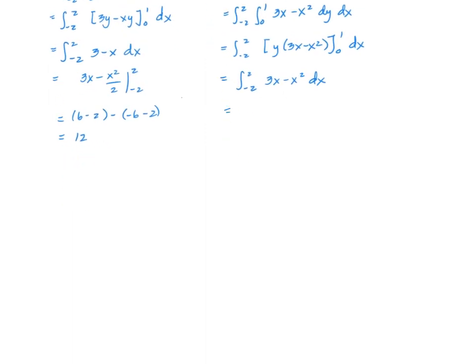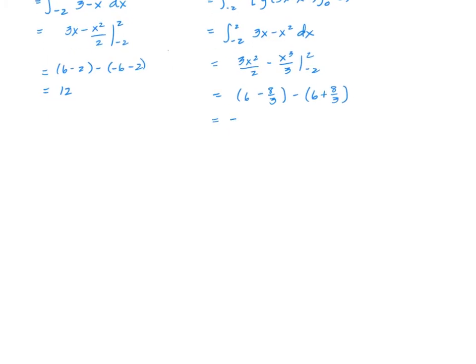And then antiderivative here, 3x squared over 2 minus x to the third over 3. I get 6 minus 8 thirds minus 6 plus 8 thirds. Double check me on this.